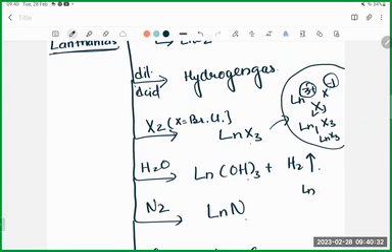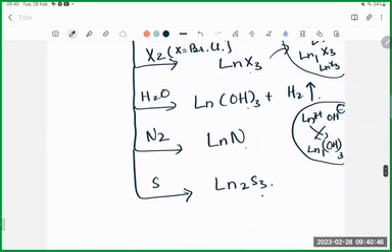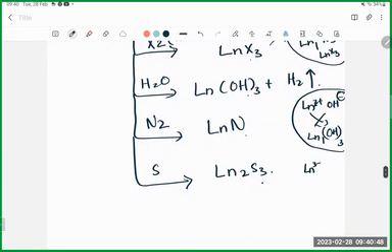Similarly, Ln(OH). Ln3 plus and OH minus. So what will be the crisscross way? Ln gets the one number over here and OH gets the Ln oxidation number. So we get Ln(OH) whole thrice. Similarly, Ln3 plus and nitride 3 minus, their valency I meant to say.